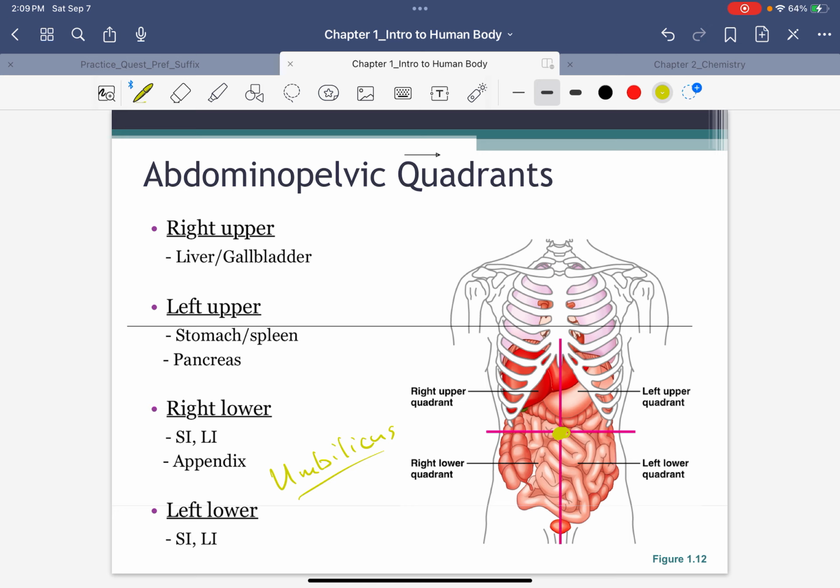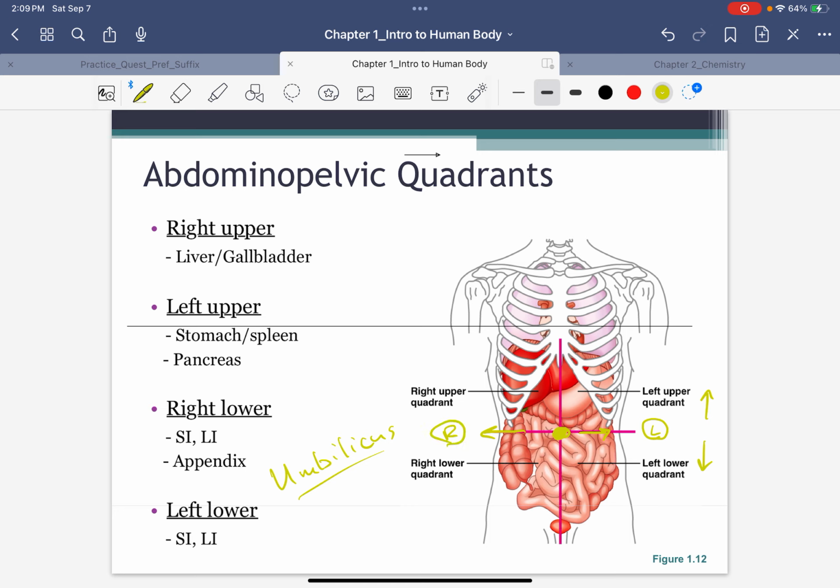But check it out. The belly button serves as separating the upper abdominal quadrants from the lower abdominal quadrants. And then the belly button is also the divider between the left abdominal quadrant, left of the belly button, and then the right of the belly button.